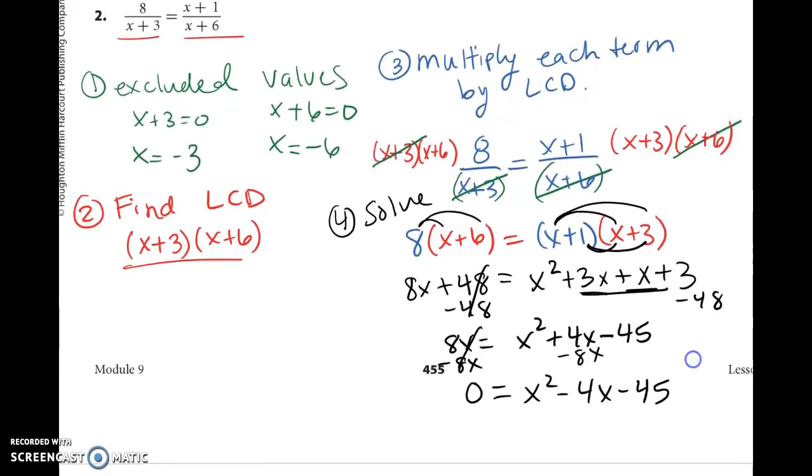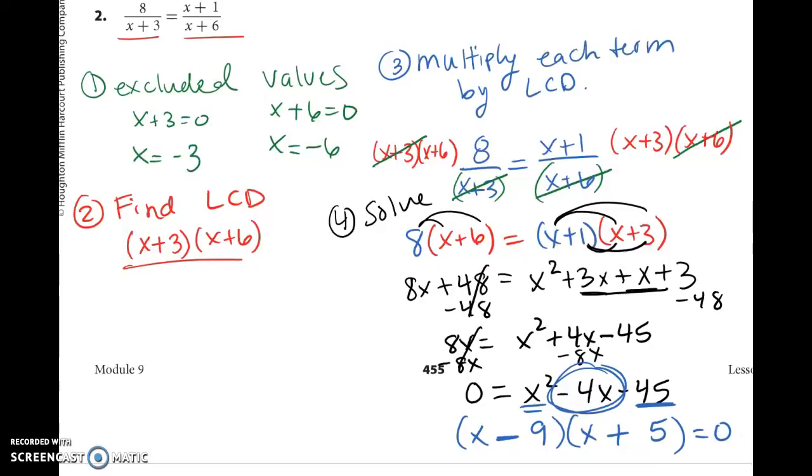So now that I'm in standard form, remember we can factor this to solve. So what multiplies to x squared is x and x. What multiplies to 45 but adds to 4 is 9 and 5. And I need the 4 to be a negative 4x. So the 9 has to be negative and the 5 has to be positive.